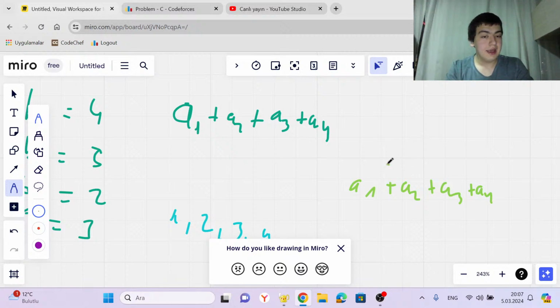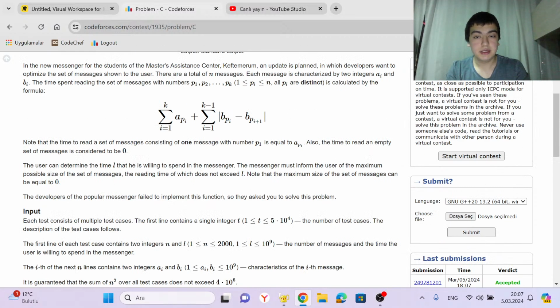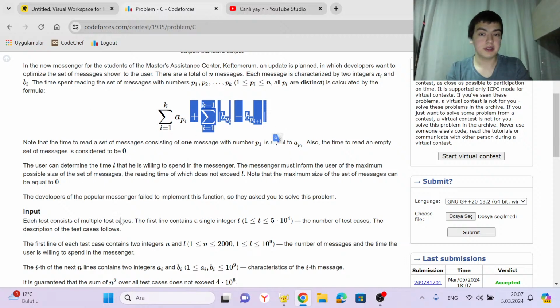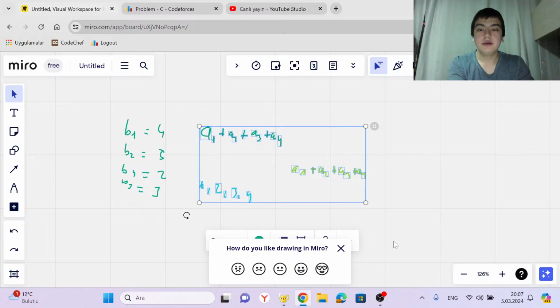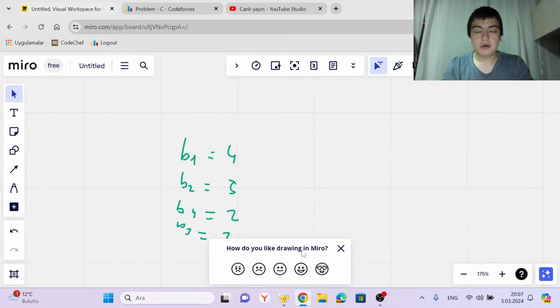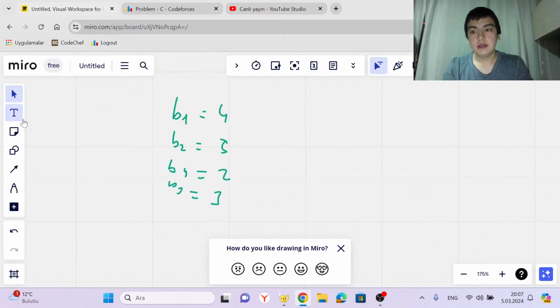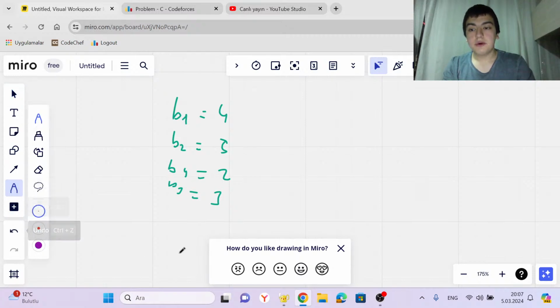So the A's are not changing when we change the order. Only the B values, the second part of the summation, change with the order. So it is nonsense to order the elements like this. The best way to order the elements is in decreasing order, or non-decreasing order, or increasing order.